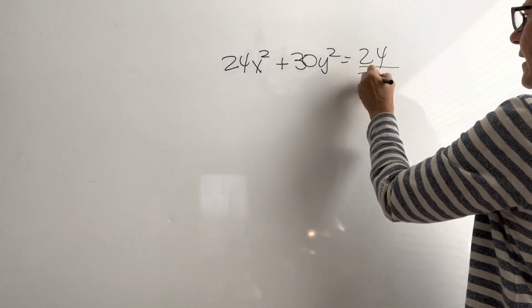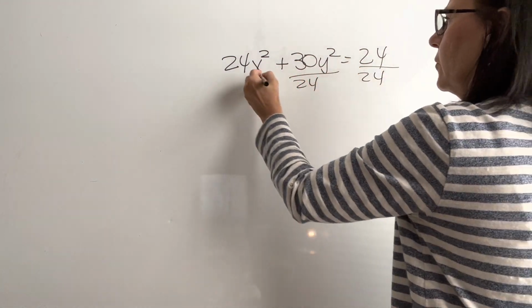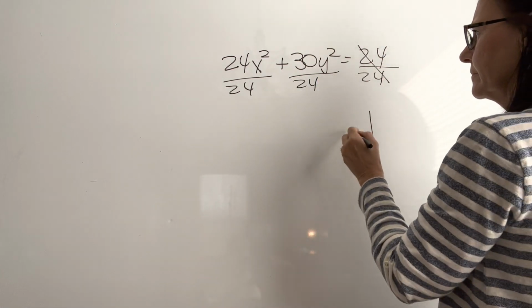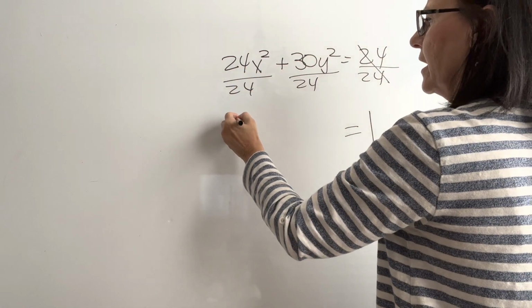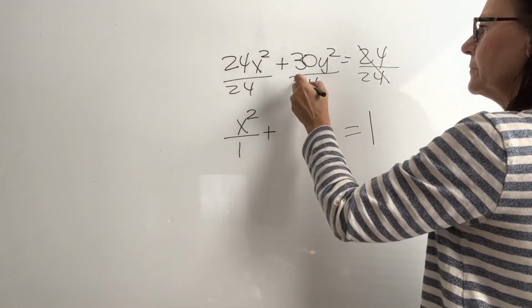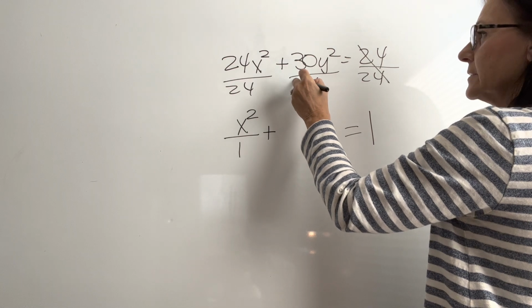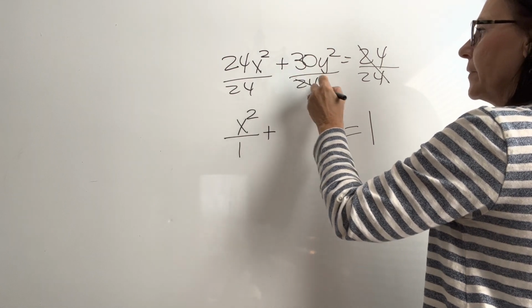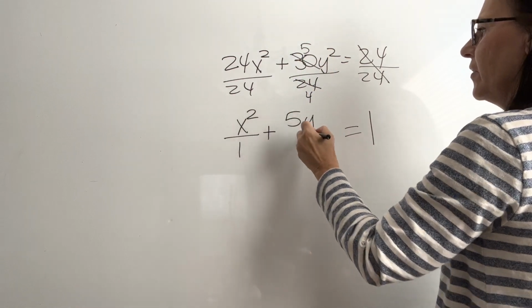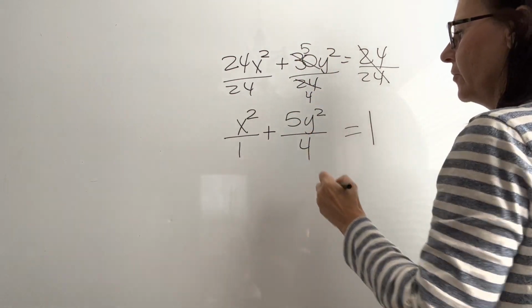You're going to divide every term by 24. That becomes 1. This becomes just x squared over 1 plus, when we simplify this, 6 goes into both of these, 4 and 5. So you end up with 5y squared over 4.